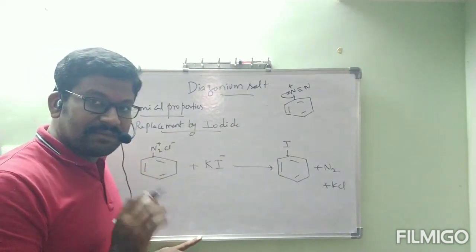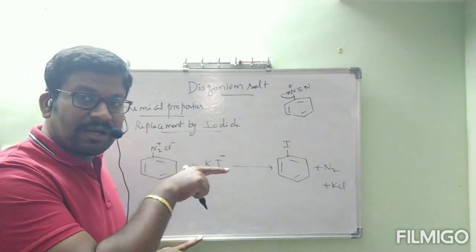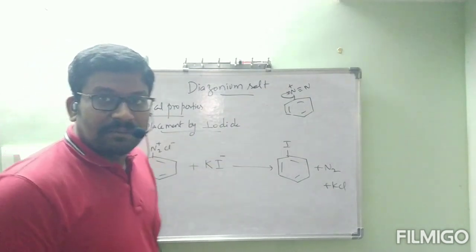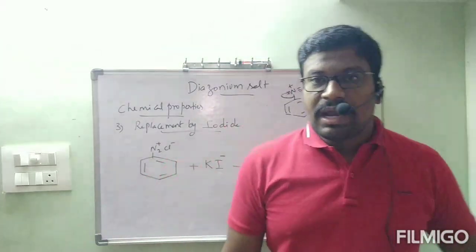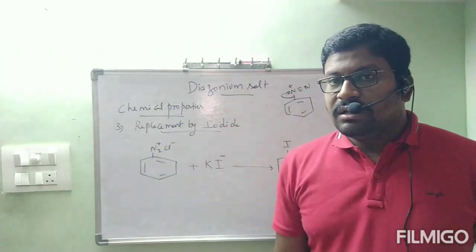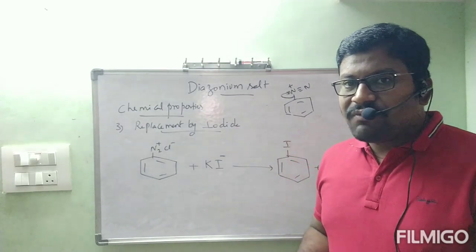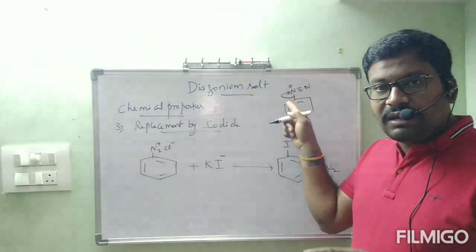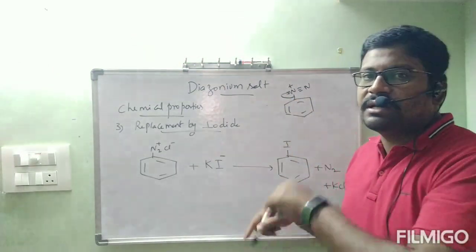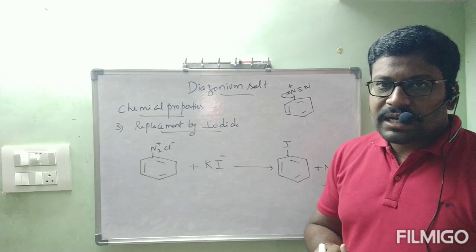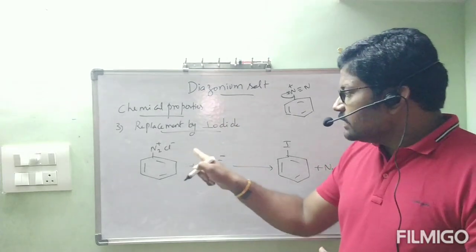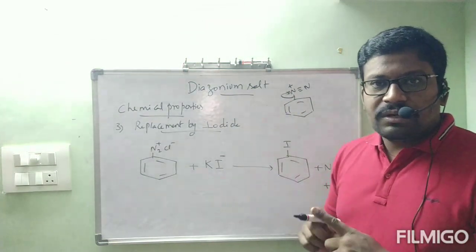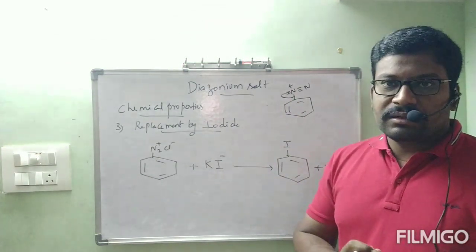Generally nucleophilic substitution does not take place, but here it easily does because N+ is unstable. And there is no formation of phenyl carbocation. Please don't think that C+ is formed. In one step itself the nucleophile comes, because phenyl carbocation is very unstable. I- attacks this carbon and N2 goes out in one step, without formation of phenyl carbocation.